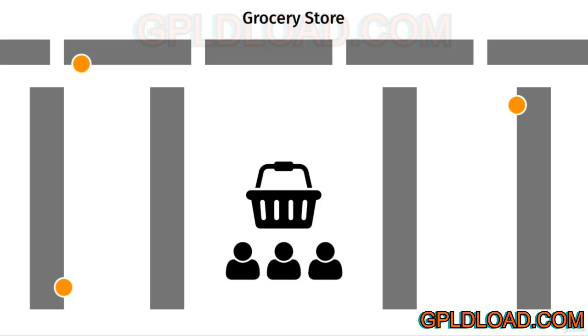Imagine you're standing in the very center of a grocery store, and you're there with a group of 3 people. So there's yourself and 2 friends or family members. And imagine that there are 3 items spread out across the grocery store that you want to place in your basket. Now the terms synchronous and asynchronous represent the different strategies for getting those items into your basket.